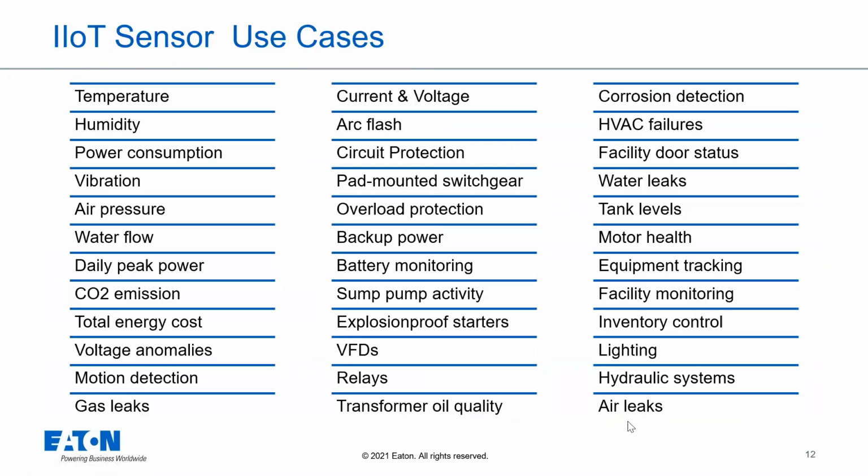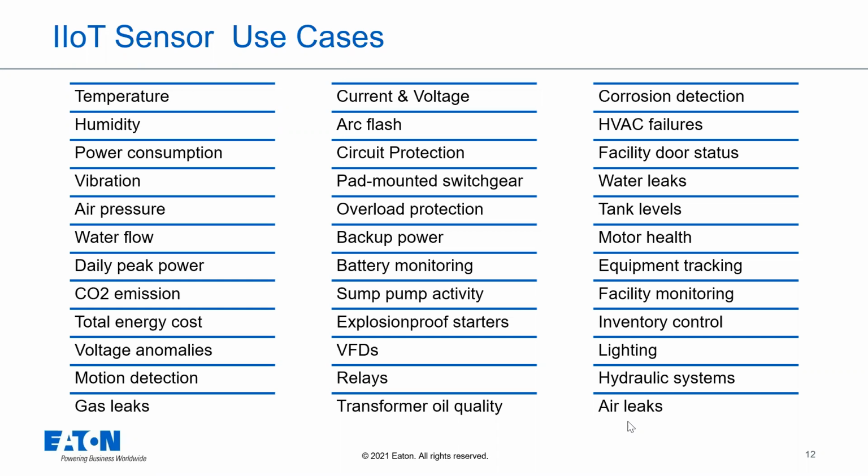All right. So now, these right here are more or less some IoT sensor use cases for industrial facilities. It pretty much monitors a wide range of inputs, both electrical and non-electrical. Industrial facilities prefer to have all these devices networked to a single dashboard or system.